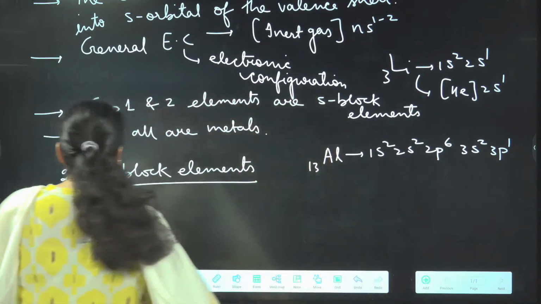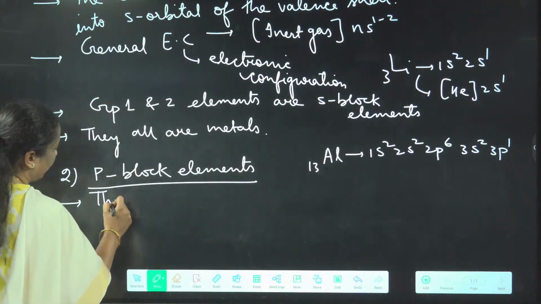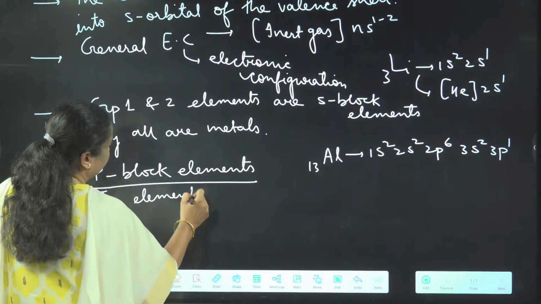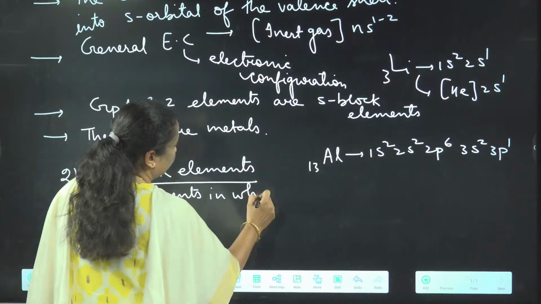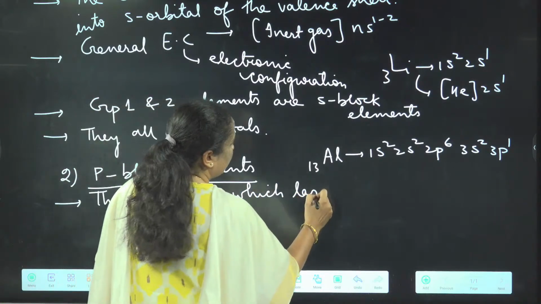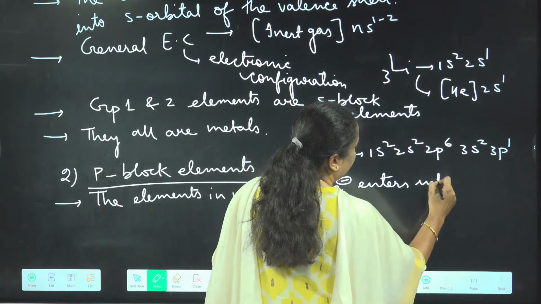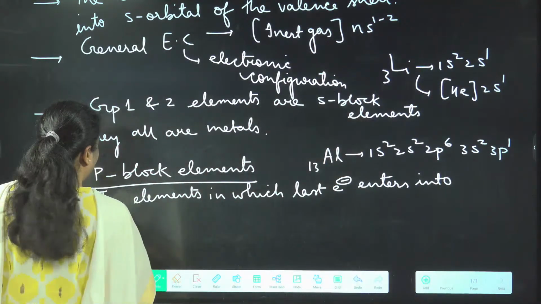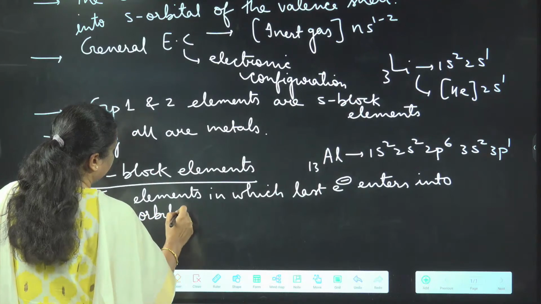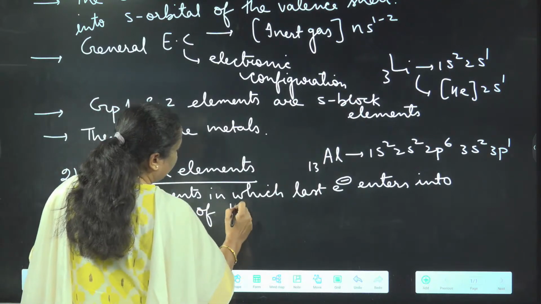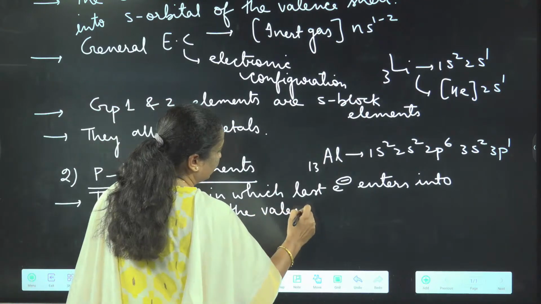Okay. So we are going to write down the elements in which the last electron enters into P orbital of the valence shell.